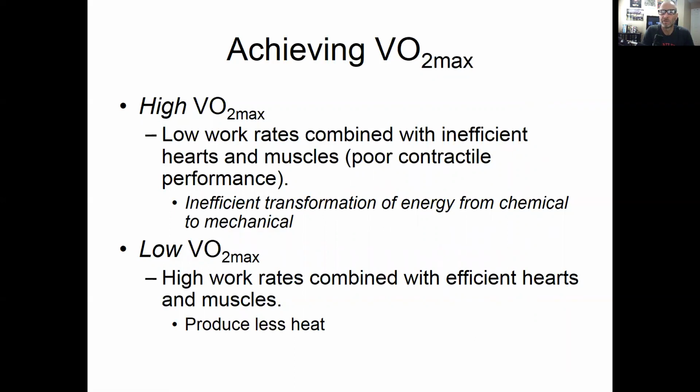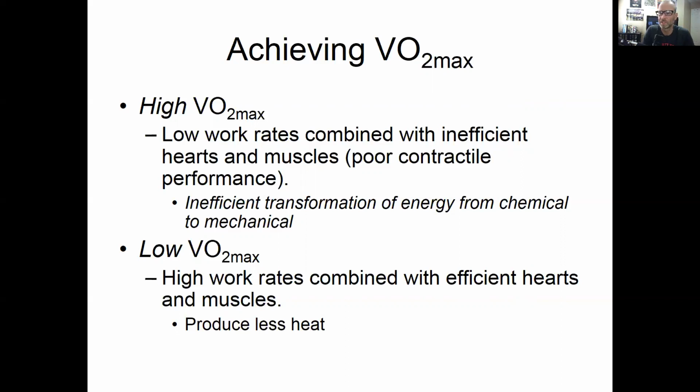That would mean that you could have high work rates and good performance combined with efficient hearts and efficient muscles. That would produce less heat, which we'll get more into in chapter 4 on thermal regulation. That means the person is able to generate the right amount of force at the right time.